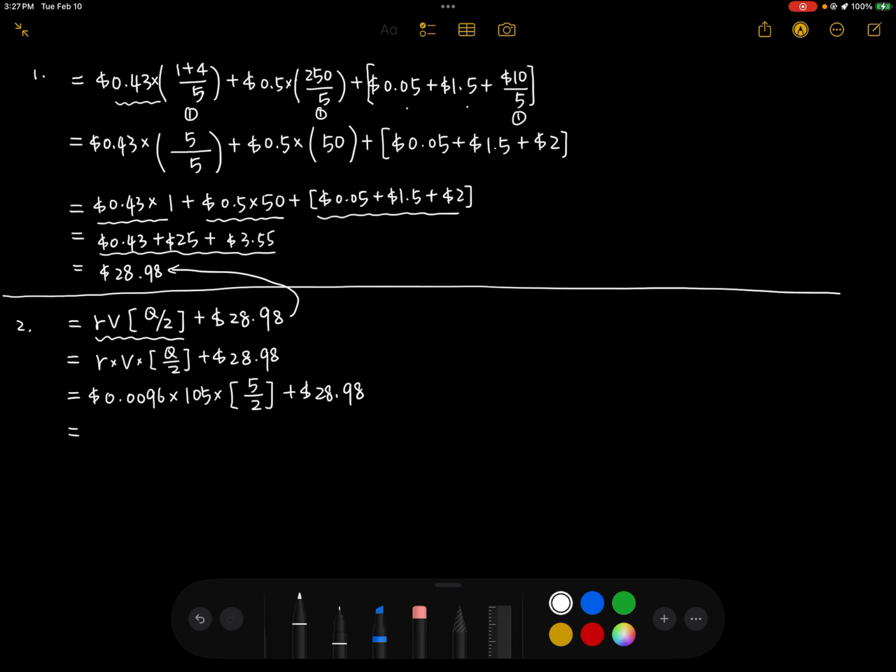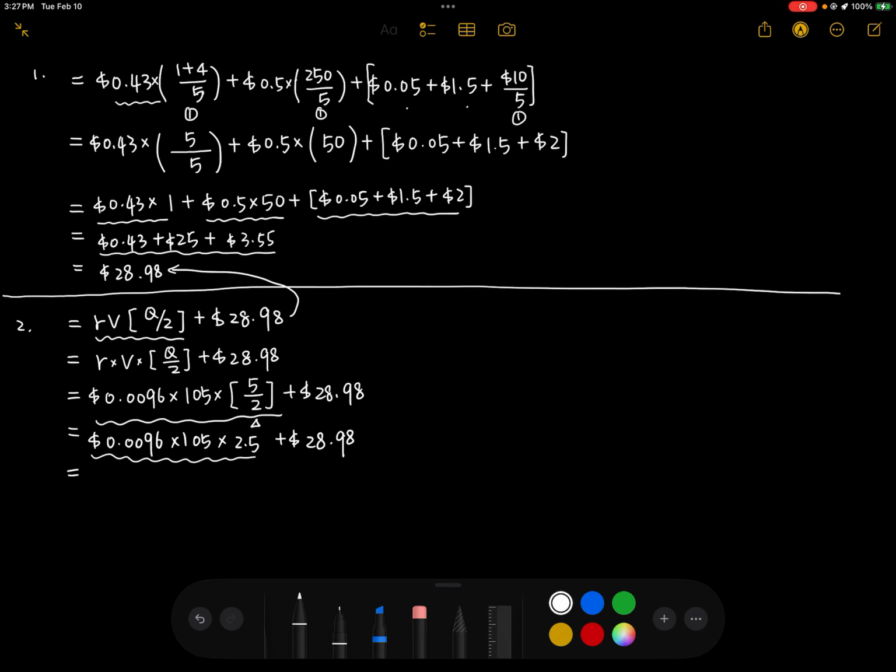Okay. Here, you need to calculate the value inside the bracket first. So you copy the other items in the multiplication, and 5 divided by 2 is 2.5. Here, you need to do the calculation of this first, before you sum.